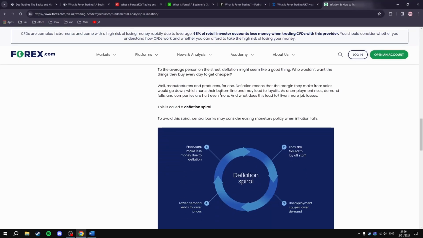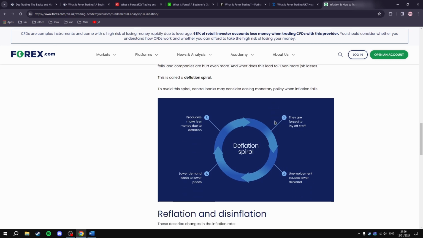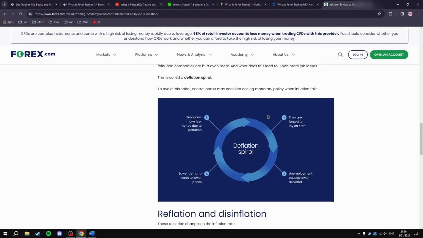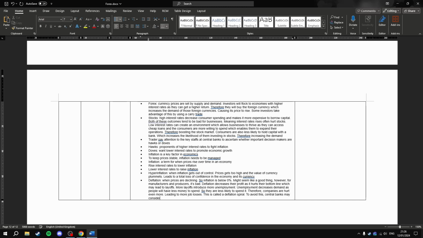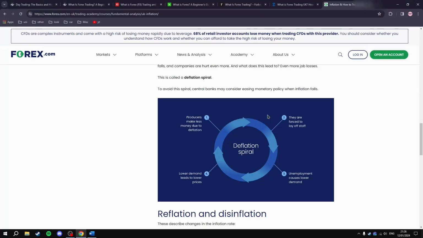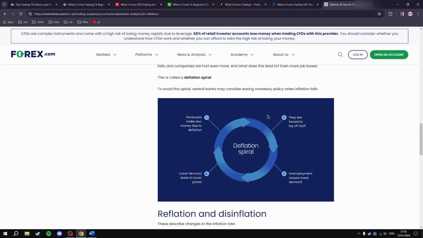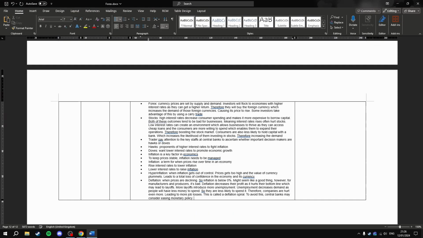To avoid this, central banks may consider easing monetary policy when inflation falls.